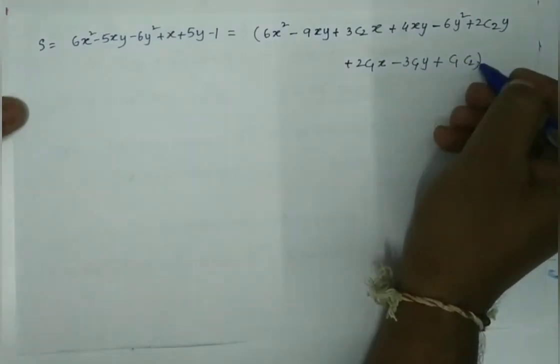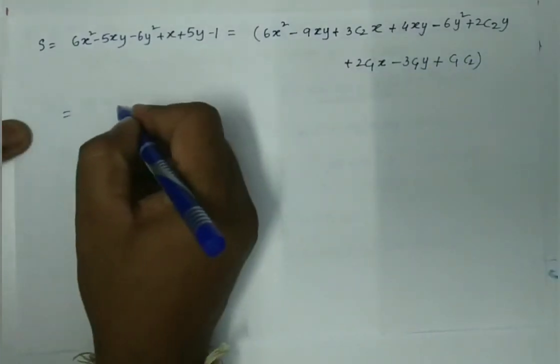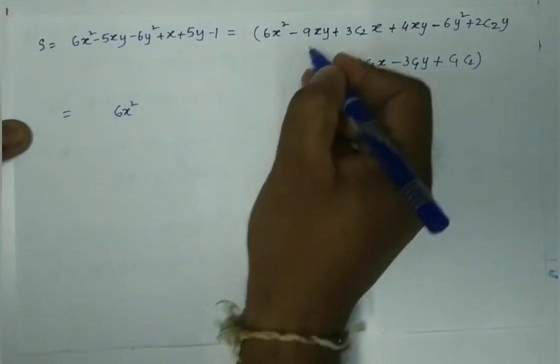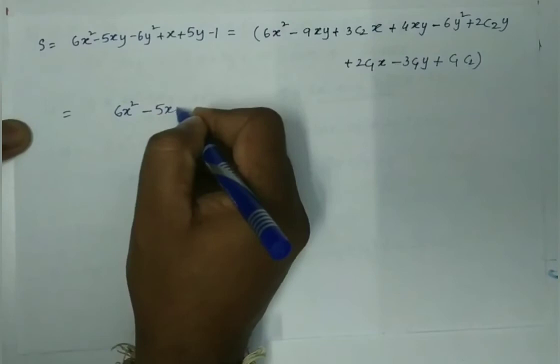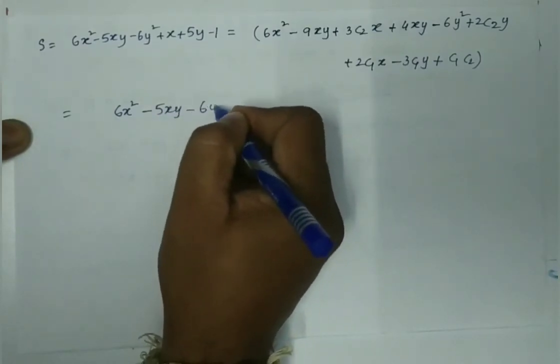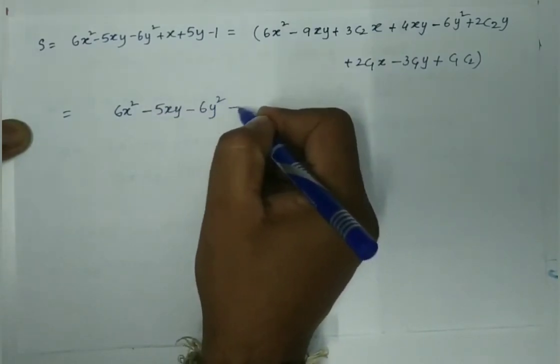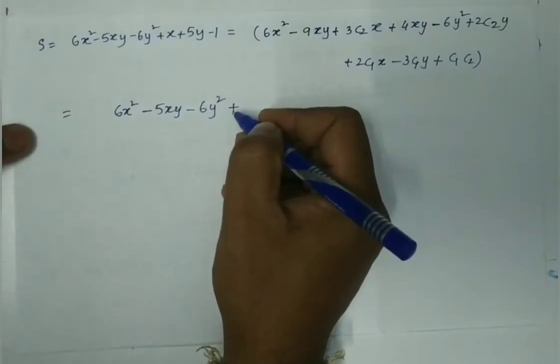Now this is equal to 6x² − 9xy + 4xy, which is nothing but −5xy, and −6y². Next let us take x as a common factor.